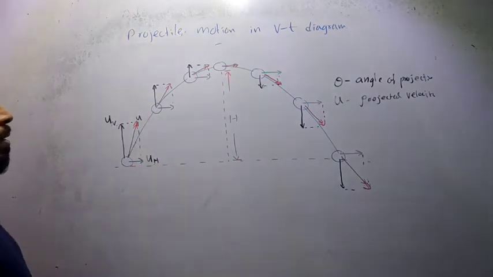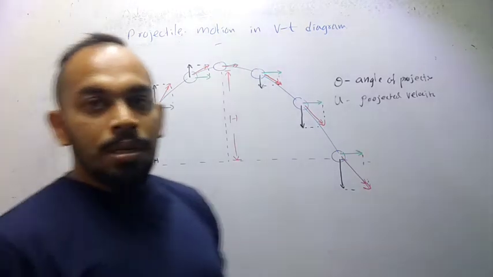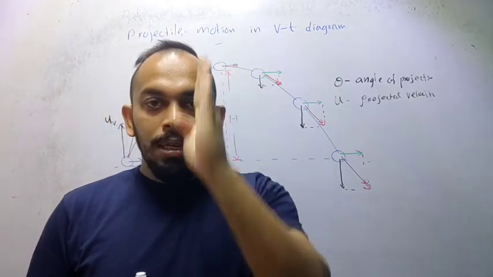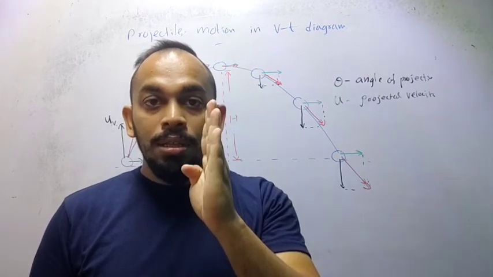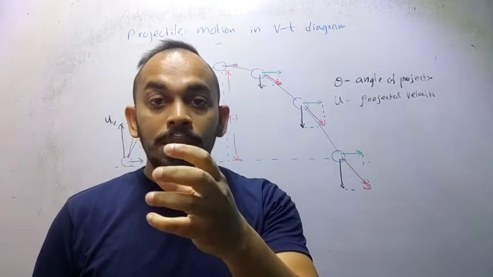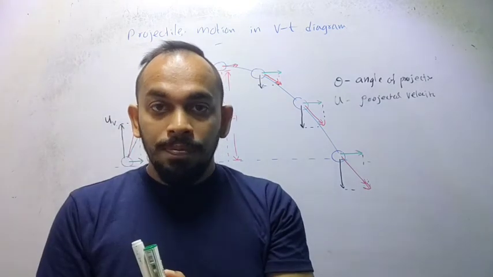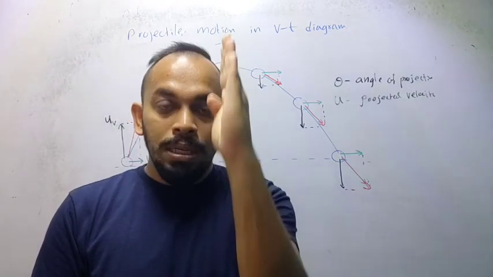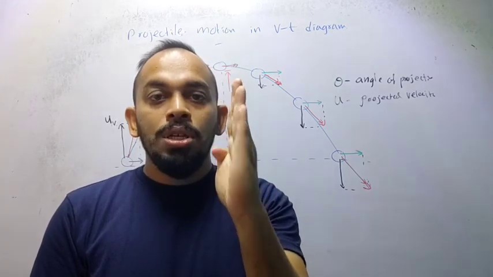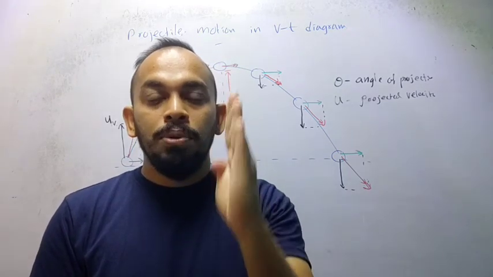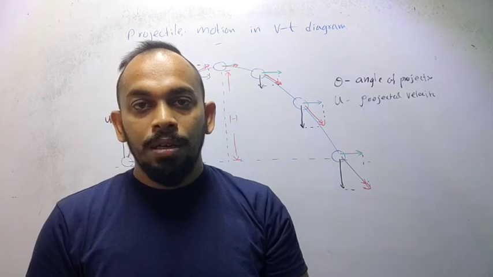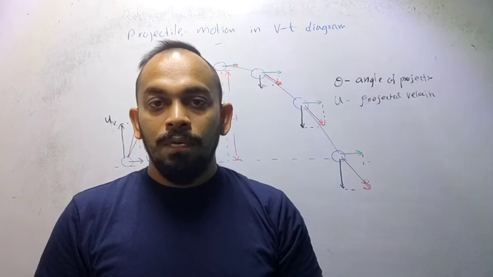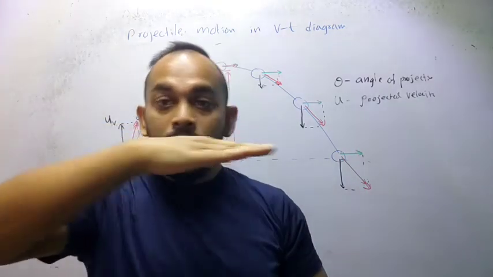In projectile motion, gravity, the gravitational acceleration, acts in the vertical direction. If you have an acceleration, it will change the velocity, right? So since you have acceleration in the vertical direction, it will change the vertical component of the velocity. But it will not influence the horizontal component of velocity because you don't have any acceleration in this direction.